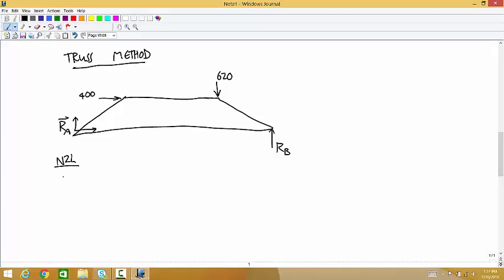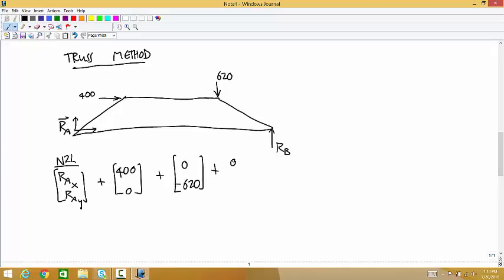So Newton's second law says RA plus 400, 0, plus 0, negative 620, plus 0, RB is 0.